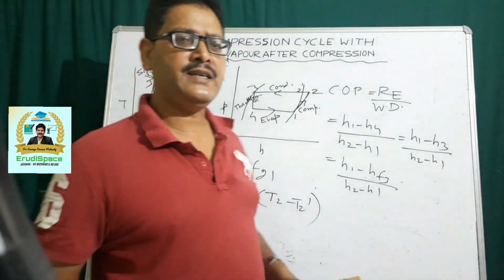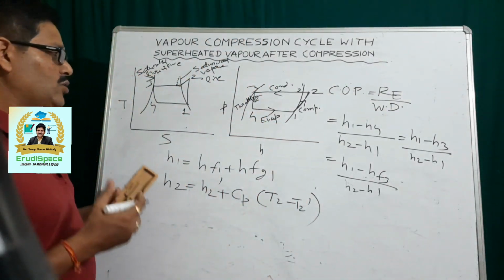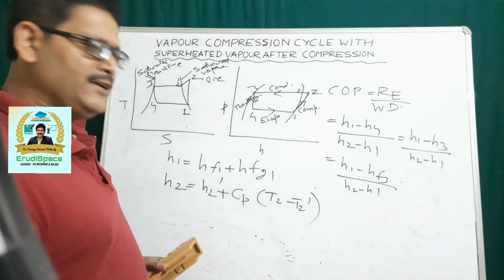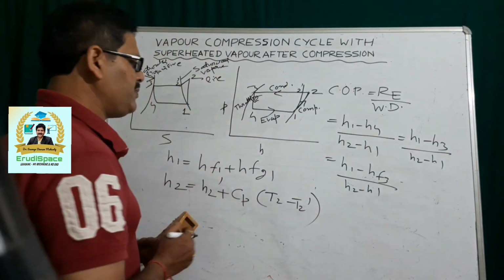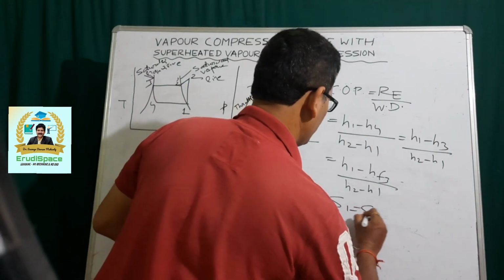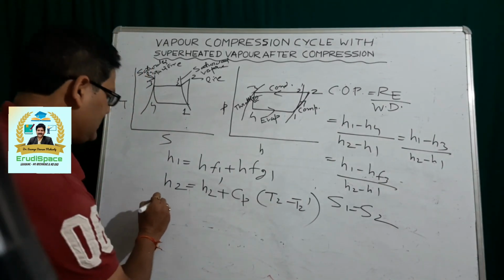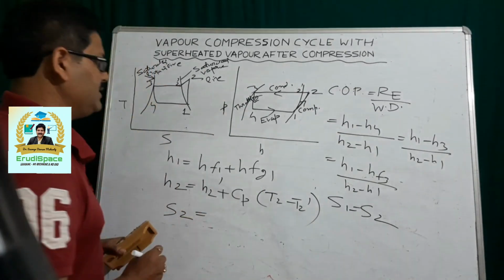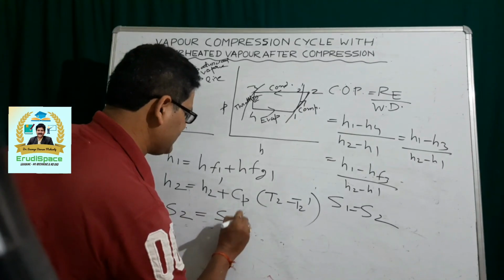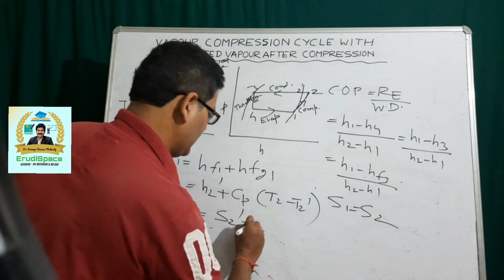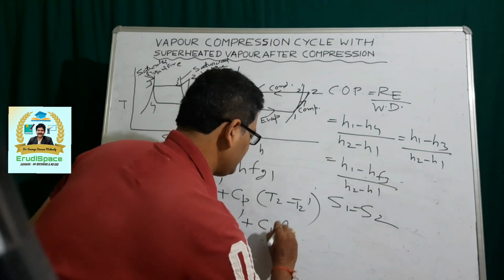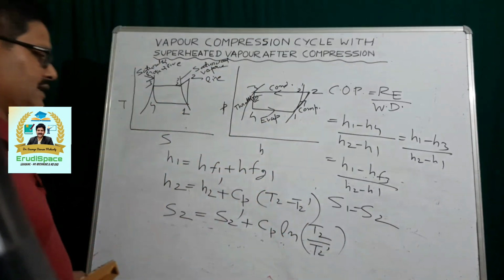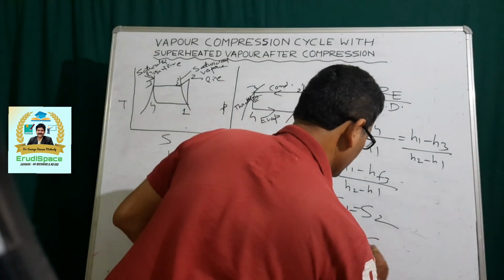If the degree of superheat is not given, you can still find out the degree of superheat by comparing the entropies, because entropy at point 1 is equal to entropy at point 2, and entropy at point 2 is nothing but entropy at 2 dash plus Cp ln T2 by T2 dash, and that is equal to S1.